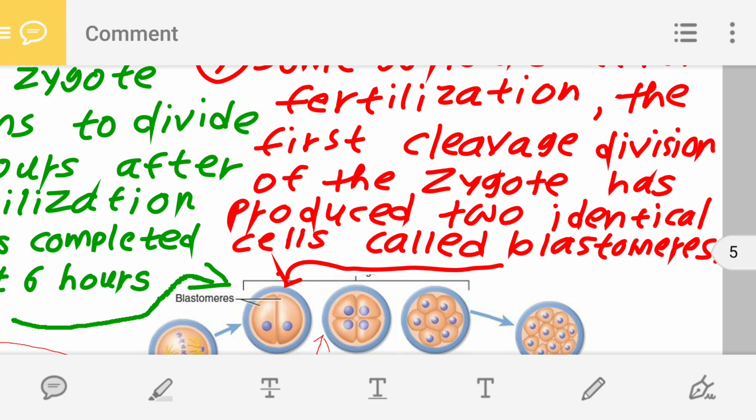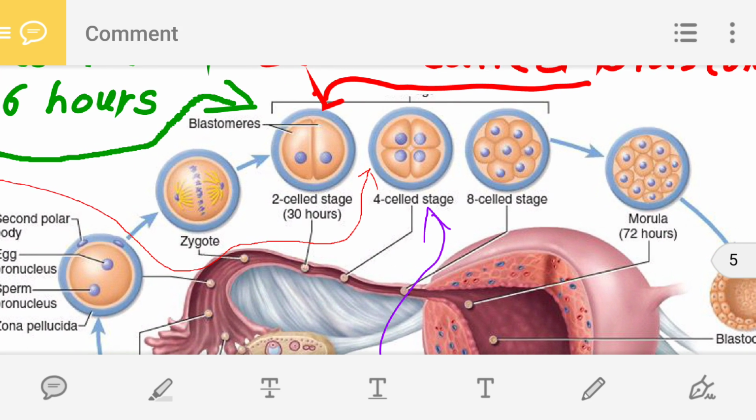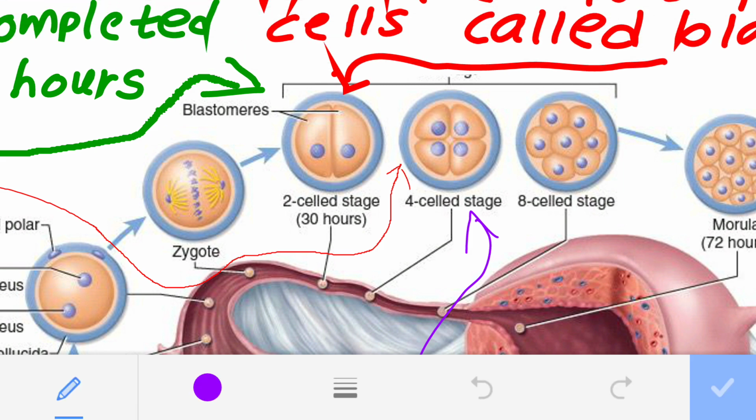So in short, 30 hours after the fertilization, two small size cells are produced by the first cleavage division, that is mitotic, and these cells are known as blastomeres.